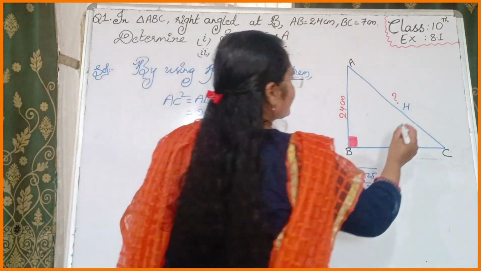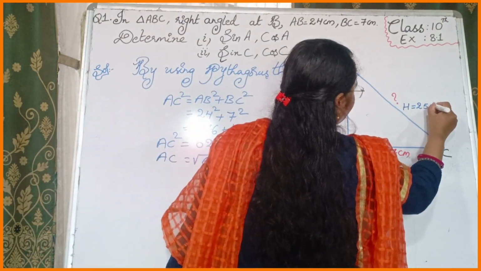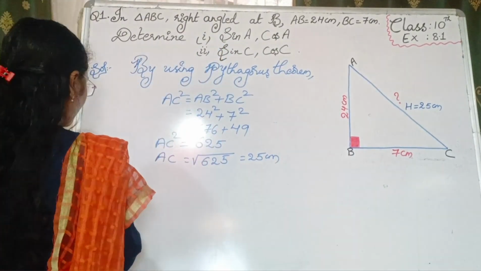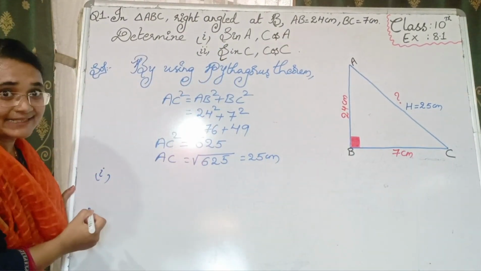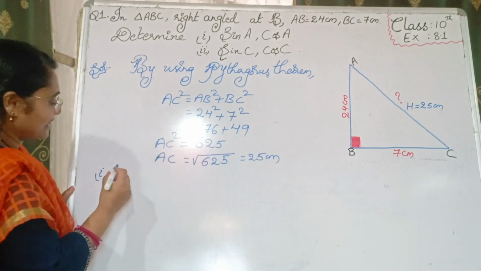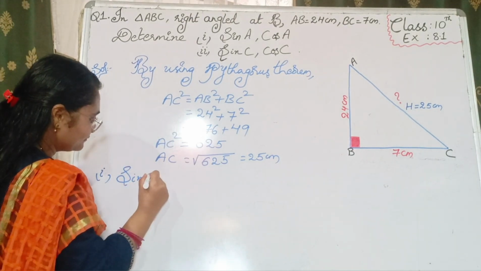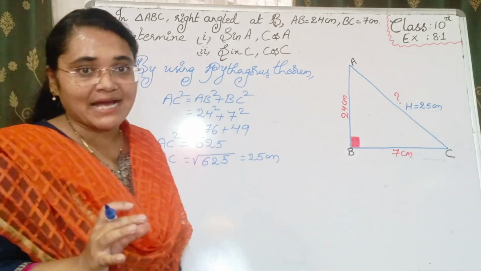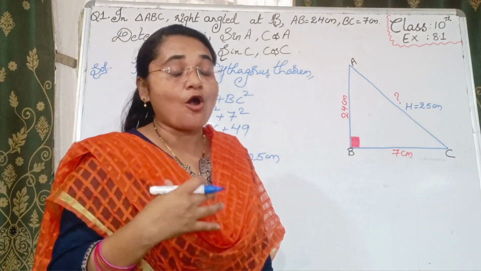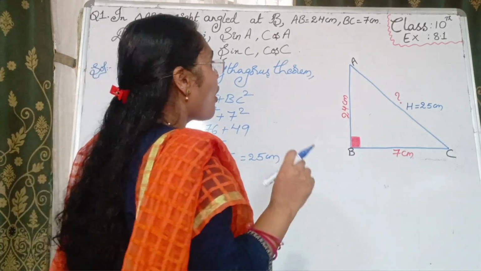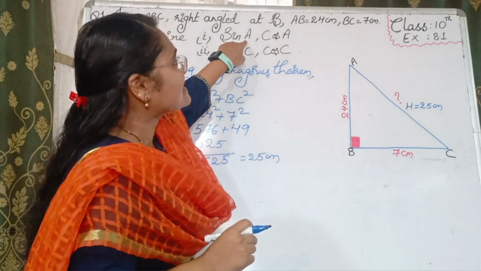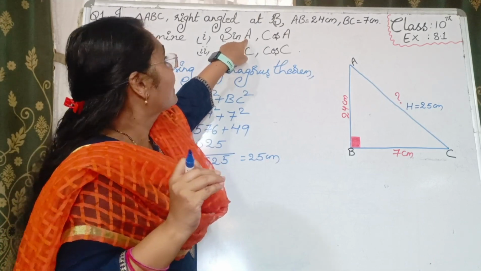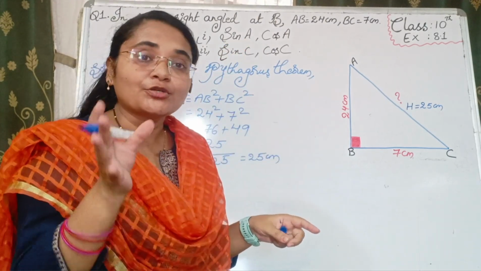What is the hypotenuse? 25 centimeter. Now the first part, finding the value of sin A and cos A. As I said in the previous video, sin A is opposite by hypotenuse, or perpendicular by hypotenuse. Always remember, which angle is asked for is the main important thing, students.